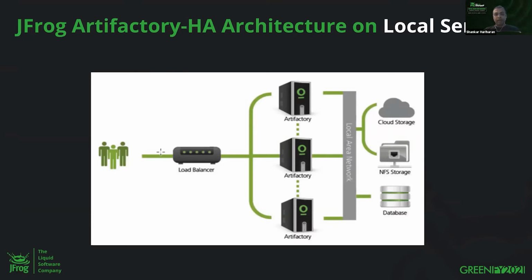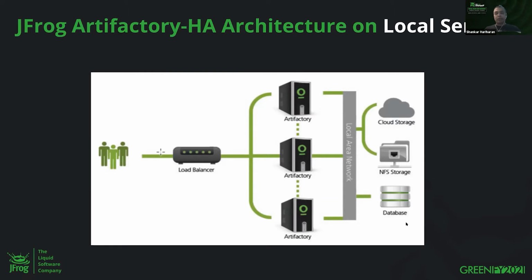One of the goals that this JFrog HA architecture aims to serve is to maximize your uptime. That is, there is no single point of failure here, and your system can continue to operate as long as one of the Artifactory nodes is operational. This architecture also allows larger load bursts with no compromise to performance, so you can easily scale your servers horizontally and increase your capacity to meet any load requirement as your organization grows.